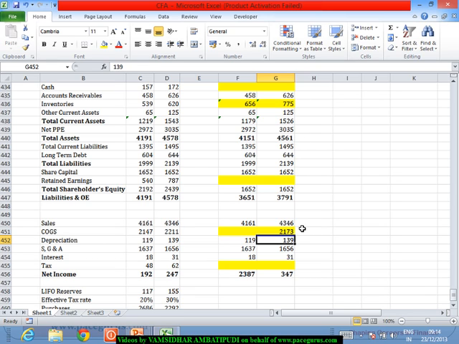And whatever we are talking about the tax here, the cost of goods sold got decreased because of the change in the inventory levels. Now the tax has to change accordingly, right?